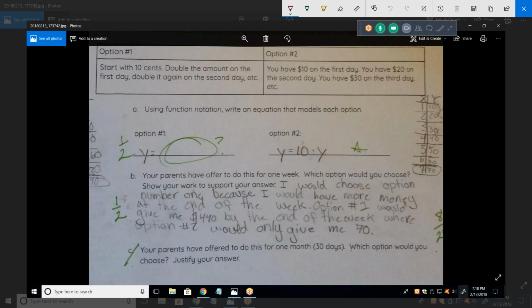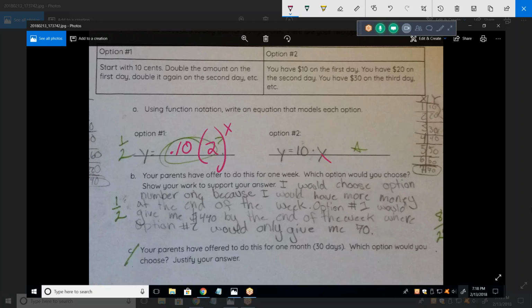Option 1 is in cents. Option 2 is in dollars. That's important. So we want to keep this in dollars. That's why we're going to use 0.10 instead of 10, because we want it in dollars. Now we'll be able to compare the two.